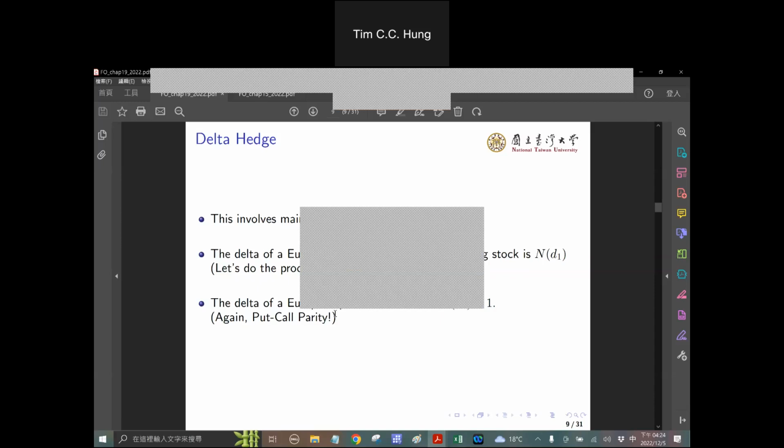S0 multiplied by exponential of rT. Finally, things are getting nicer. If we are multiplying, this is exponential to the power of the log of F over K. At the end, we have F over K.